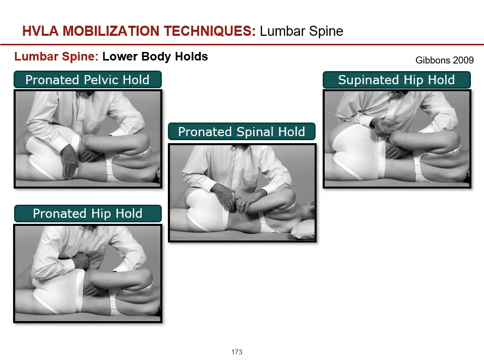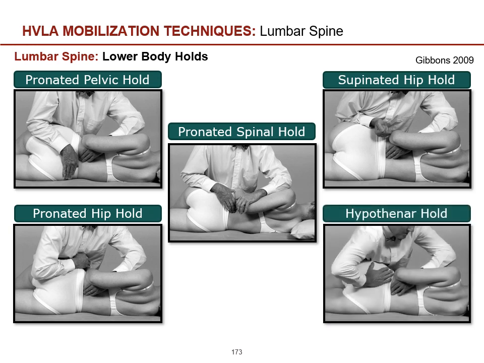There's not usually as much soft tissue mass on the extensor aspect of the forearm as there is on the flexors, but this is an option. And then the hypothenar hold, in which the hypothenar eminence is the predominant contact or pressure point, and that would be right at the mammillary process or just lateral to the target segment. And this is going to be the one that we predominantly teach within today's lecture and lab.